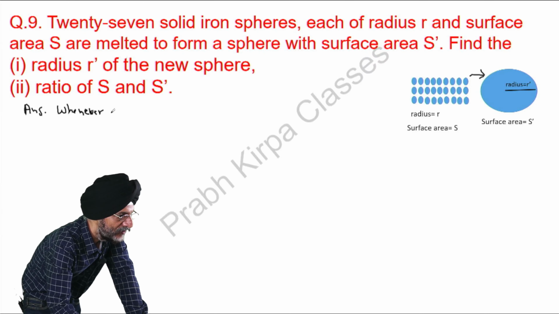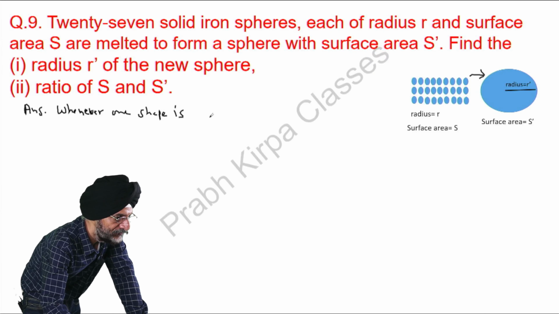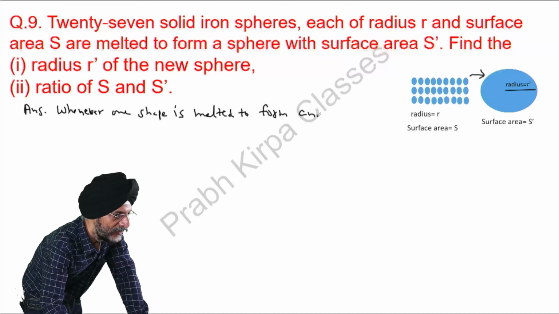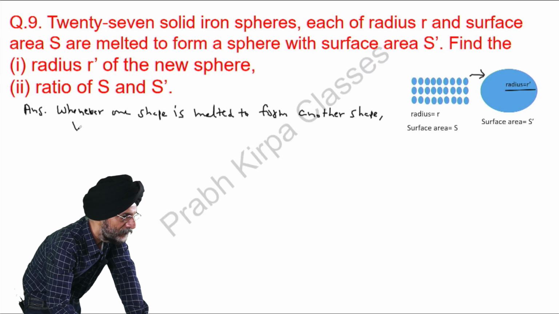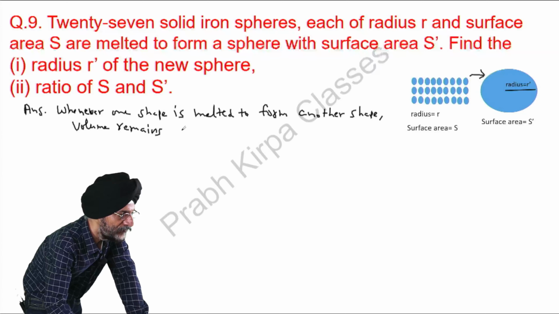Whenever one shape is melted to form another shape, volume remains constant.